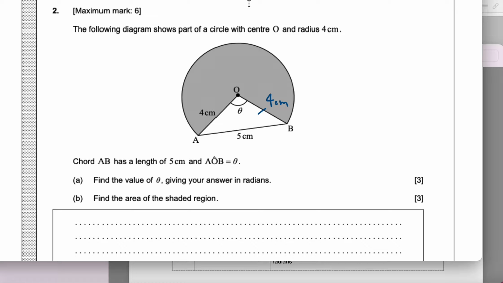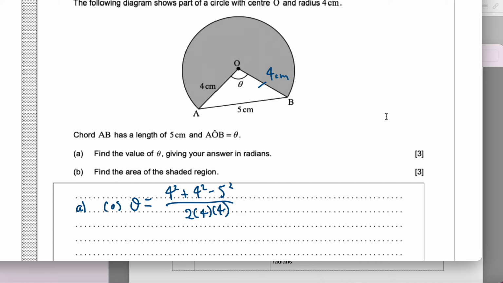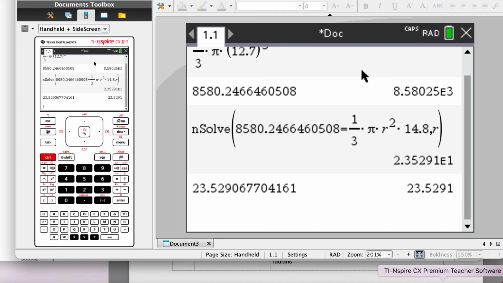Okay, so let's write it as cos theta is equal to 4 squared plus 4 squared minus 5 squared over 2 times 4 times 4. Okay, and this is just calculator work at this point in time.